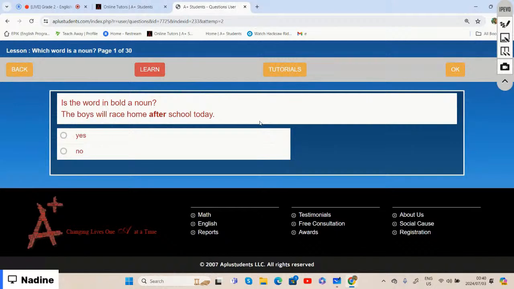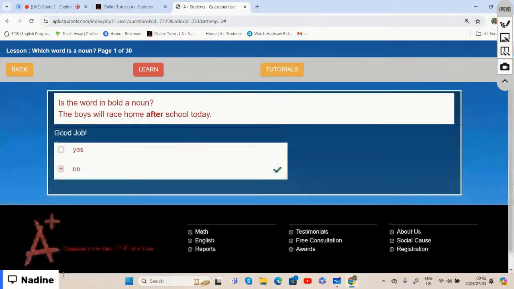Yes, option one, no, option two. If we look at the word after, then we will say no, after is not a noun, right? We said after is a preposition.